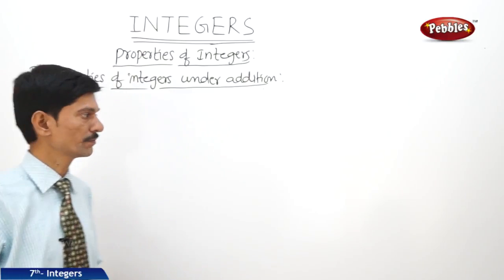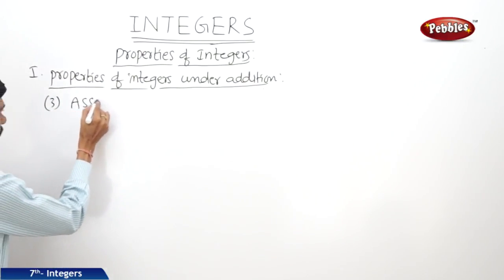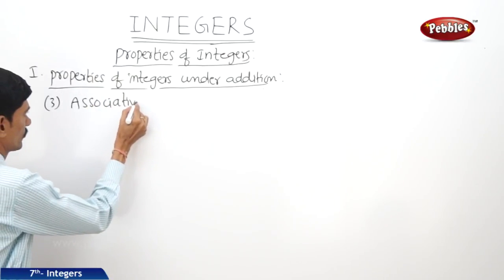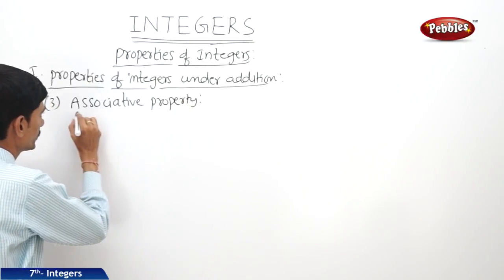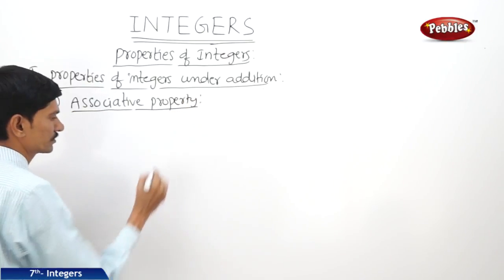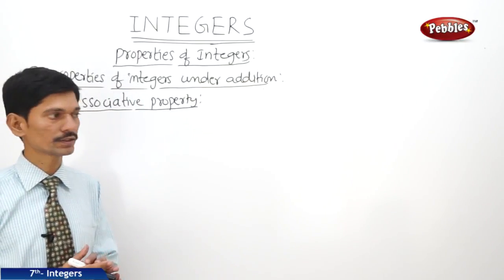Now let us see the third property, that is associative property. In the associative property, we take any three integers and we add the integers by grouping two integers each time.